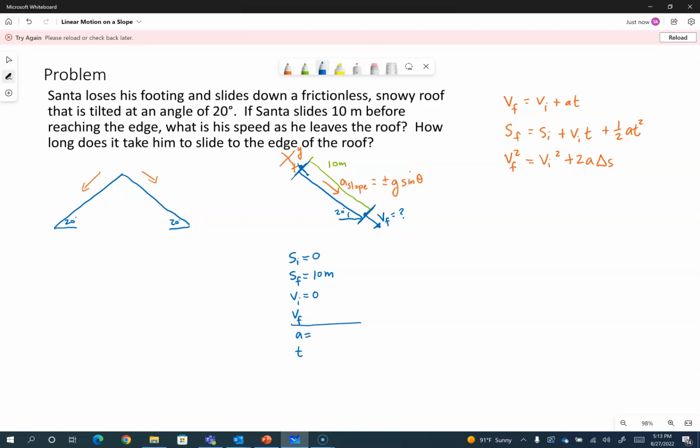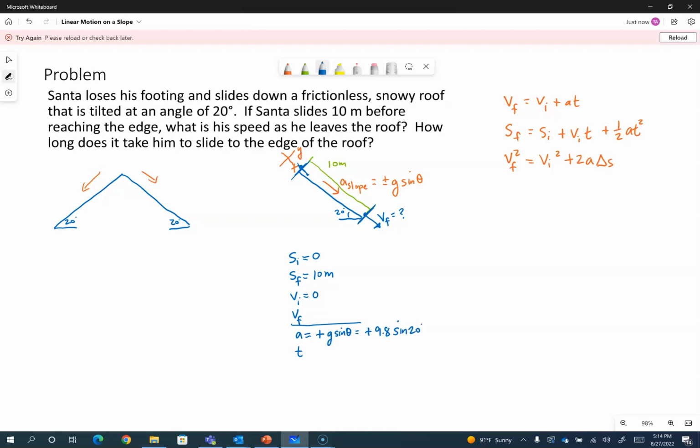Our acceleration in this specific coordinate system I've chosen to use, the acceleration is pointing down the incline. That's my positive direction. So our acceleration will be positive 9.8 sine theta, or sine 20 specifically for this problem.